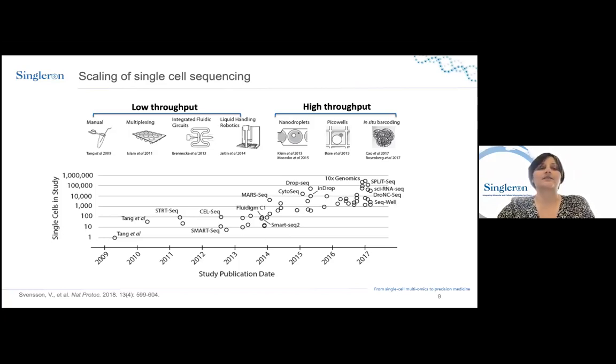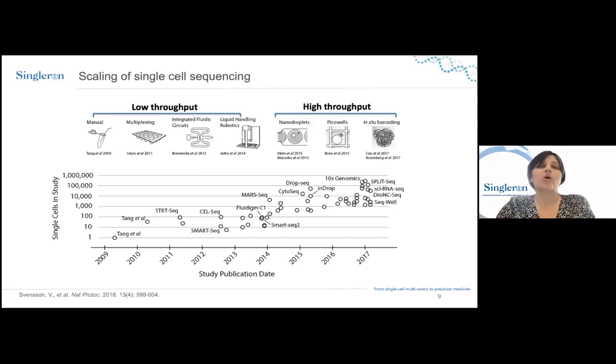Since that moment, the technologies have developed rapidly over the past couple of years, and right now we can study in a single experiment thousands or even tens of thousands of cells simultaneously.